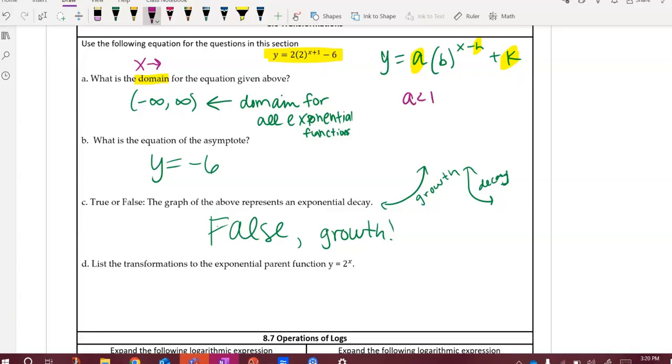If A is less than 1, it's a compression. If A is greater than 1, it's a stretch. And H moves left or right. Left if it's showing plus, and right if it's showing minus. And then K goes up and down. So here, looking at our equation, we have 2 for A, which means it is a vertical stretch.